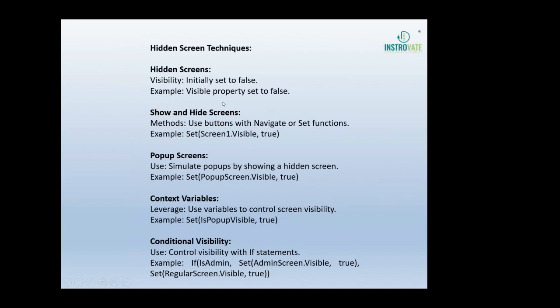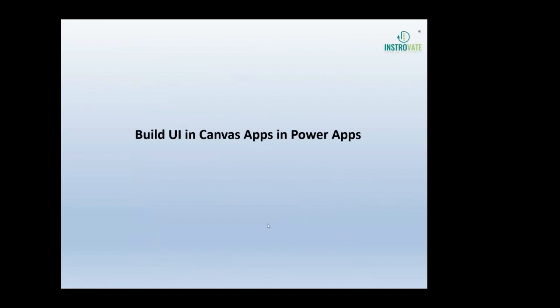To show and hide a screen, you can use this function. You can use a pop-up screen, context variables, conditional visibility. These are all the functions available and you can use them according to your requirements.